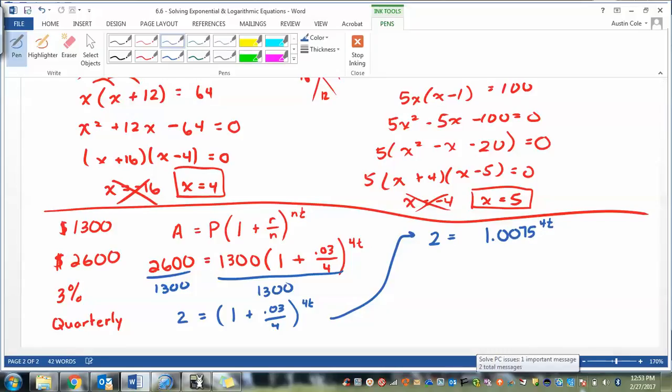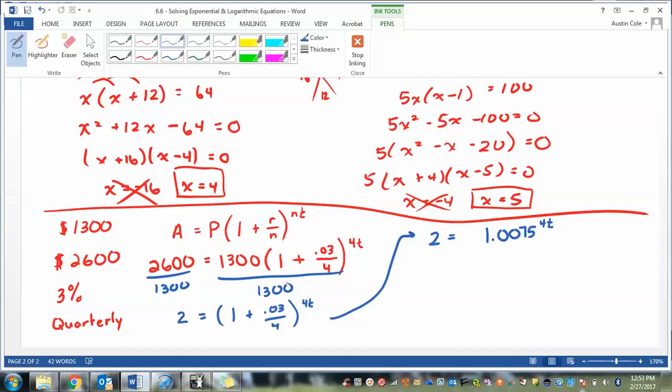So what I want is an exponent. Would you guys agree there? I want to find my t, which is in my exponent. So what do I need to do now? The whole idea of this lesson is that if I have a variable that's an exponent, I need to log.